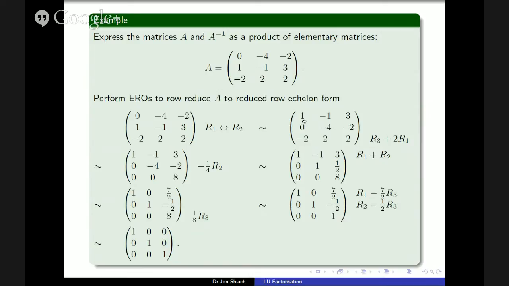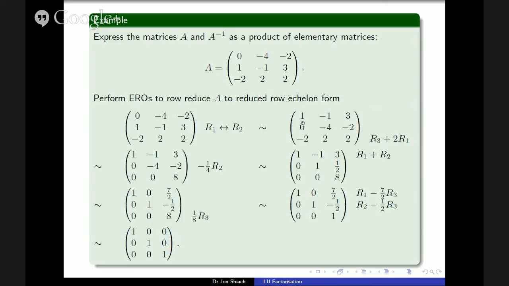Now, 1 is my pivot element, and I need all the values below 1 to be 0. In row 2, I've already got 0, so that's good. In row 3, I've got -2. So how do I get -2 to go to 0? Using row 1. I'm going to use the pivot row, and I need this -2 to be a 0.